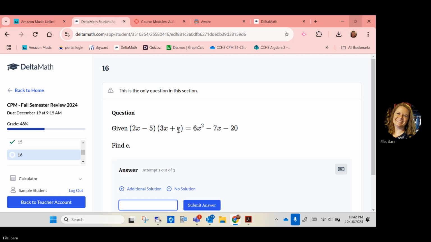So if we know that these two terms at the ends have to multiply to give us our C value of -20, you can simply ask yourself, -5 times what would give us -20?